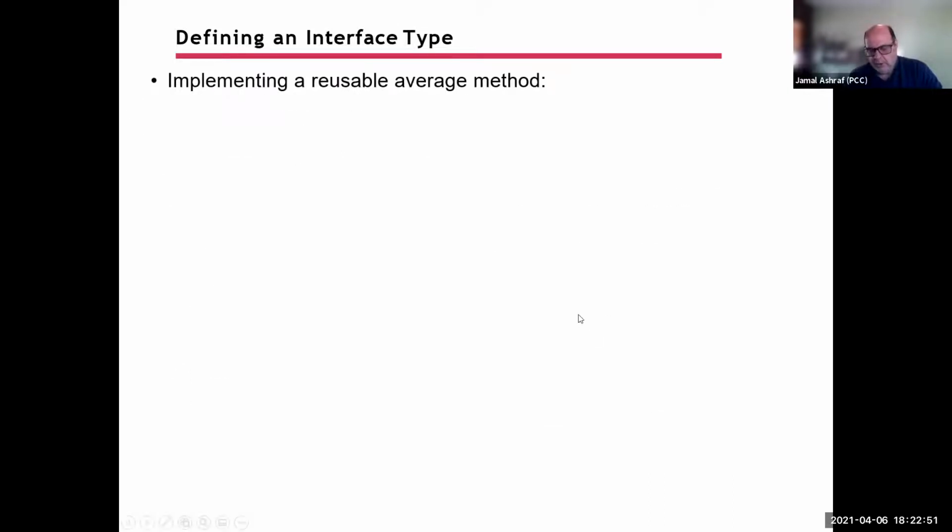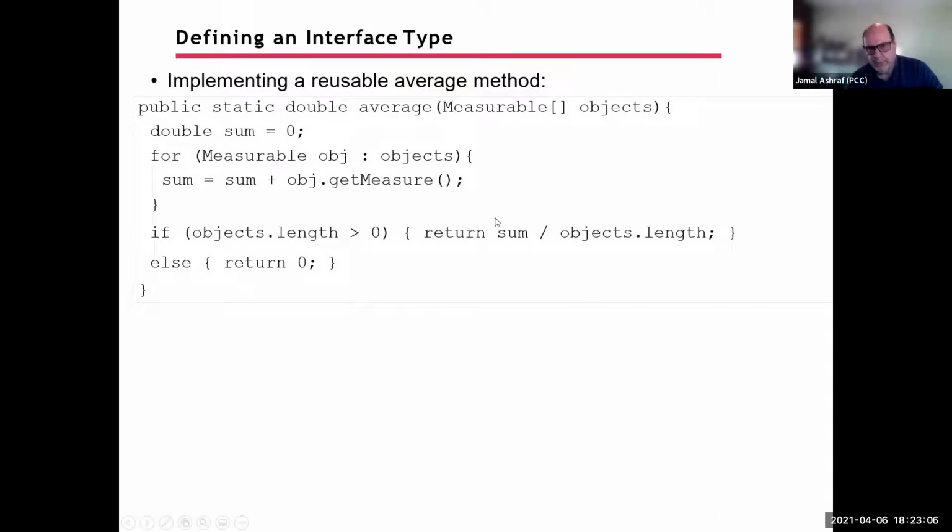Okay, now that we put that on the side, we have told every object that wants to use my services that they're going to have that method to give me a number. Now I'm going to write my own service that I'm going to give to them. This service is called average.